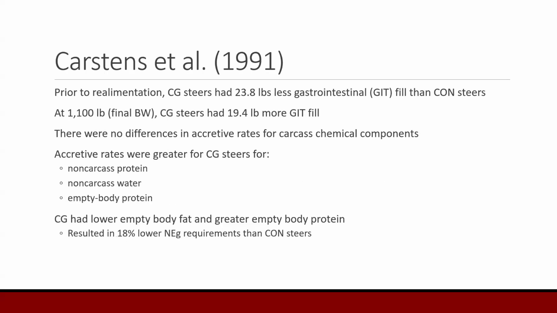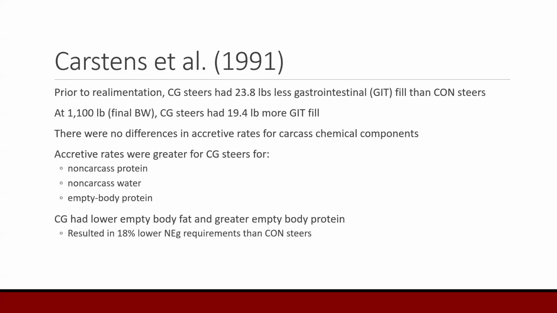Okay. All right. So prior to realimentation, the compensatory growth steers had 23.8 pounds less gastrointestinal tract than the control steers. Okay. So you can express that as 23.8 divided by 717 would give you what percent of the gastrointestinal tract difference was on their body weight, right?